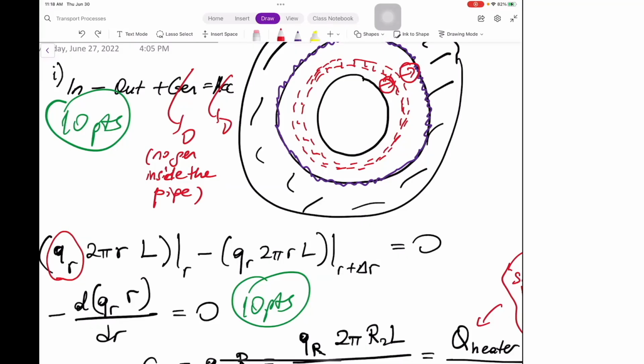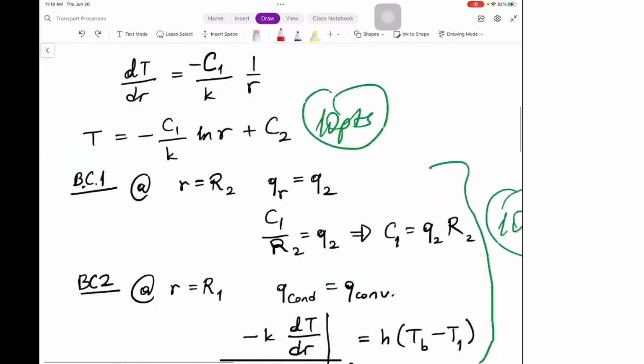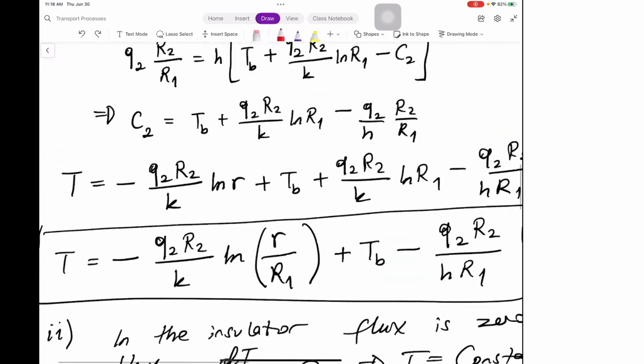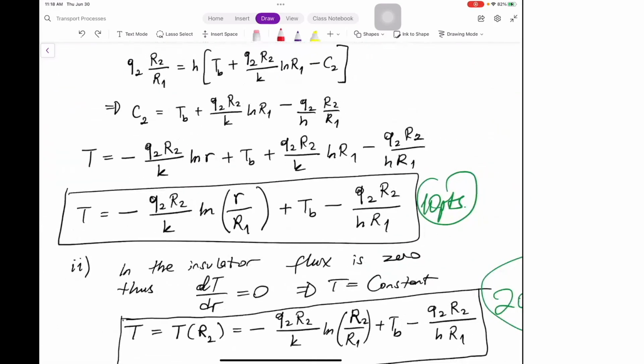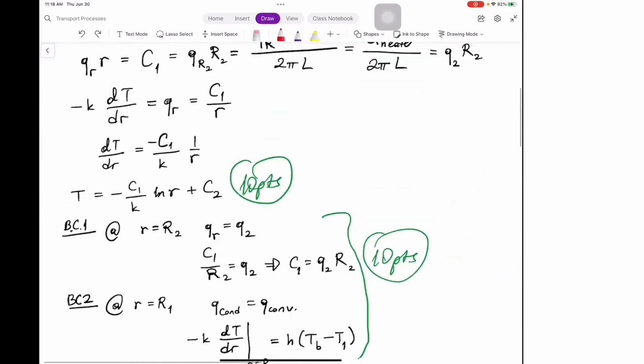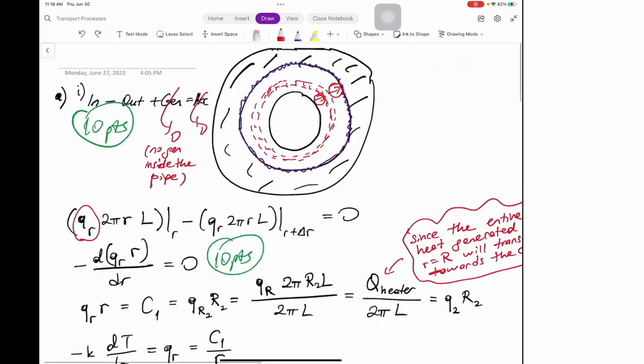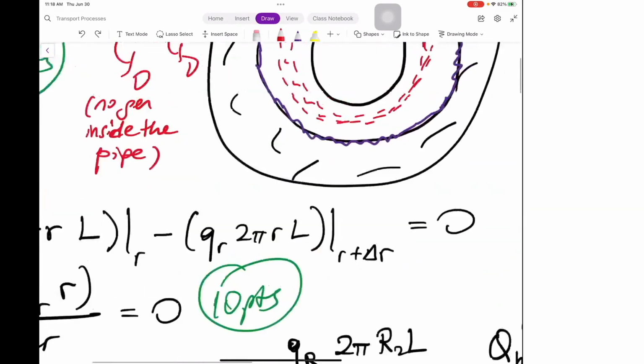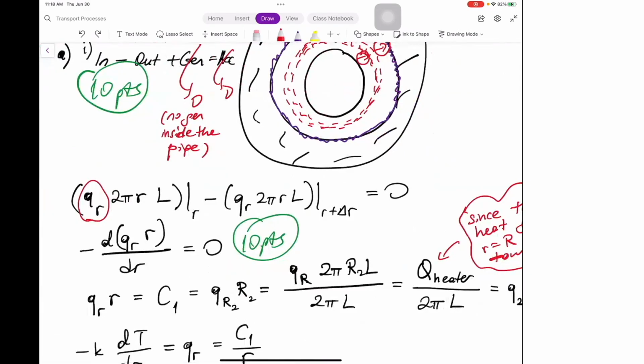But at the end, that means that the answer is not going to depend on L, right? Look at your temperature profile. Is there any L here? L is going to cancel already, so that should not be any problem. So it can be of any length. So the answer is not changed by the value of L.